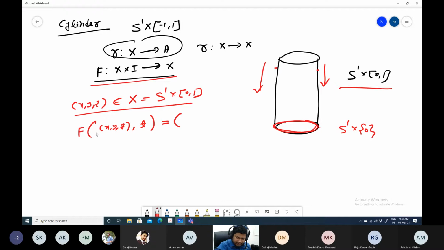There are too many brackets there. Right. So this can be your deformation retract.